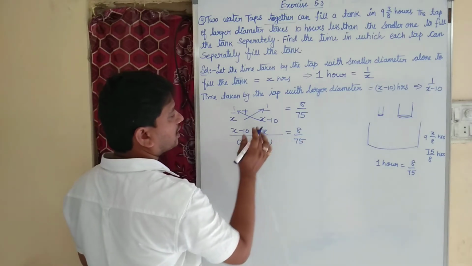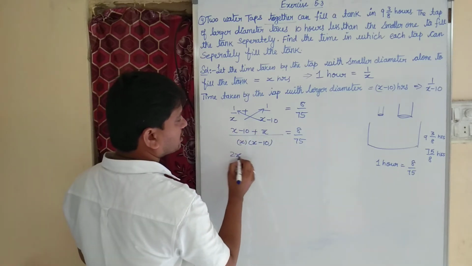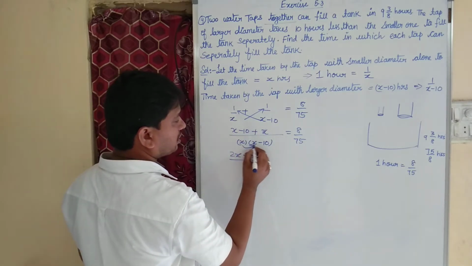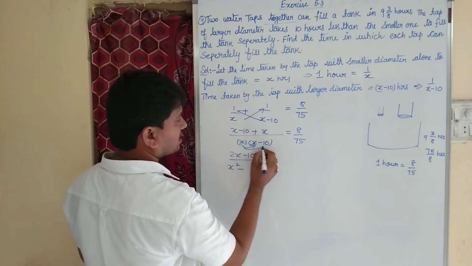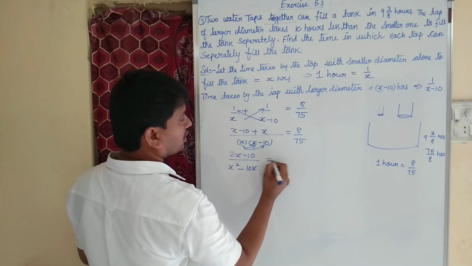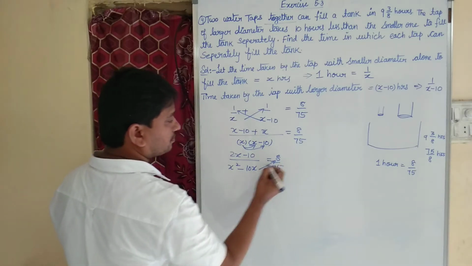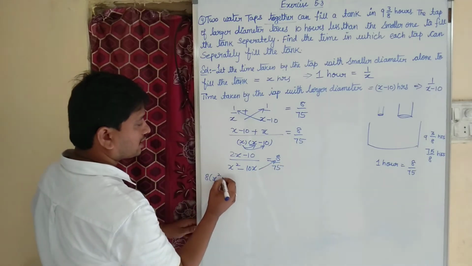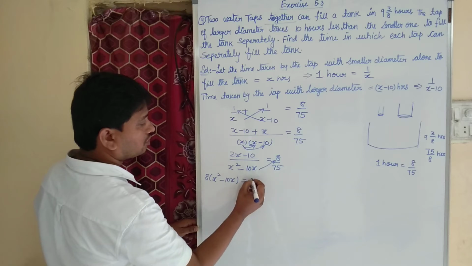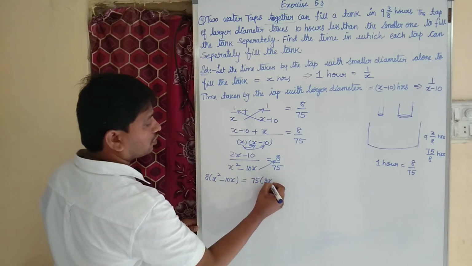Right? We can't cancel. x plus x is 2x minus 10, by x into x, which is x square minus 10x, equal to 8 by 75. Cross multiplication: 8 into x square minus 10x equals 75 into 2x minus 10.